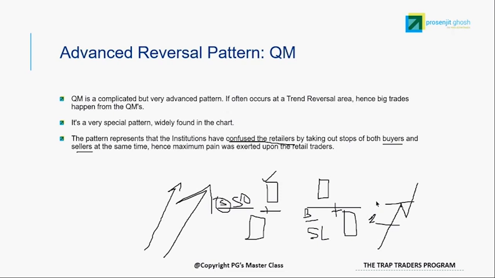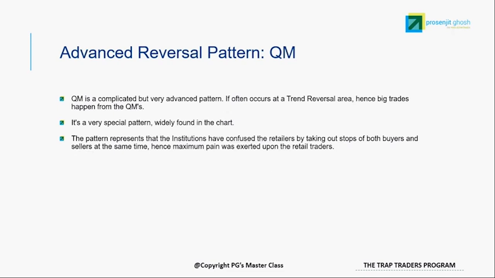Two resistances getting engulfed here, but both are resistances. That means both are places where people are selling, so the sellers' stop loss is getting hit. But in QM, we have both buyers' and sellers' stop loss getting hit together. So this is something different from what we have learned till now.